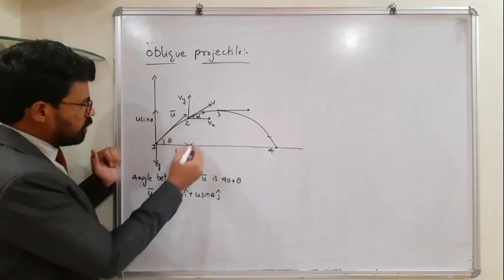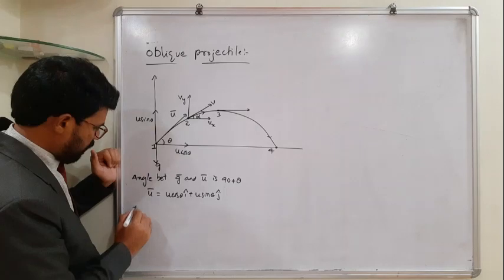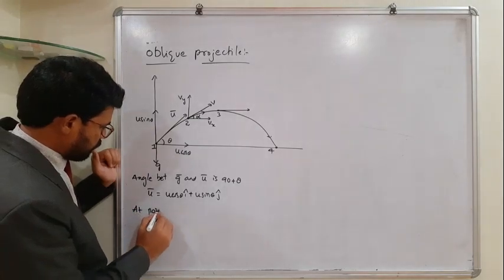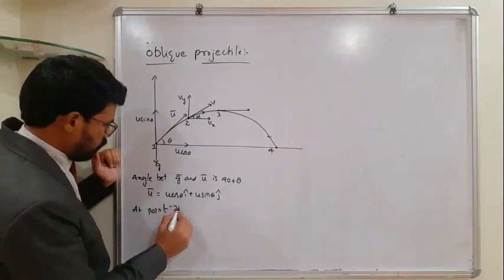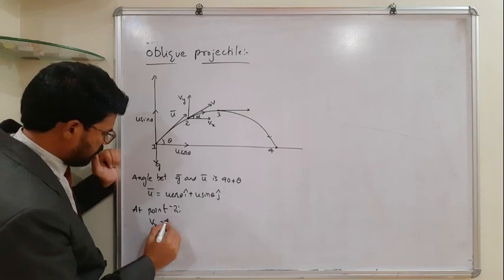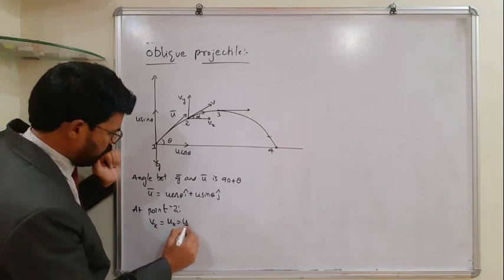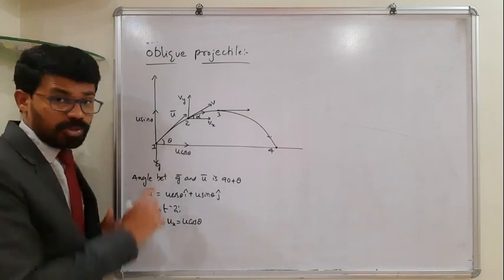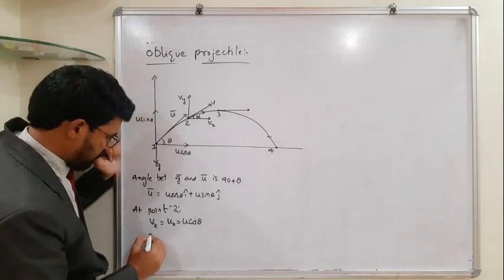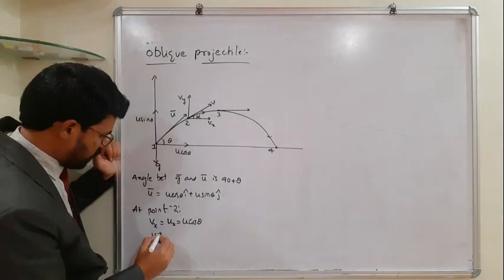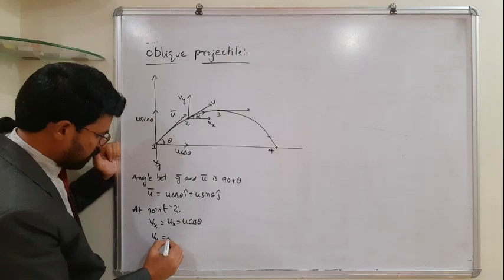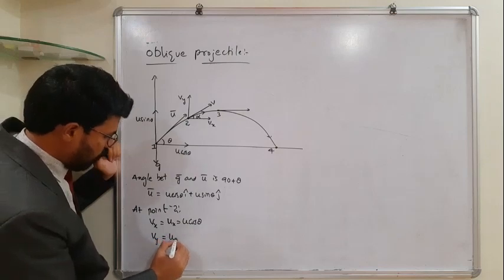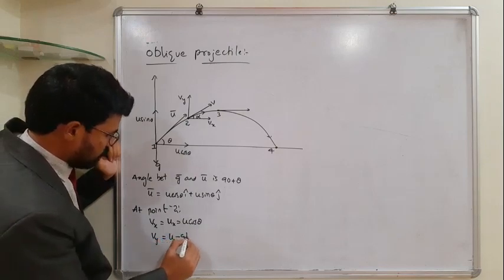So now let us talk about this Vx. How can this Vx be written? At point 2, what is Vx? Vx is the same as Ux only. Ux is u cos theta. The horizontal component will not change throughout the journey. What about Vy? Let us say after a time t it has reached this position 2. So this Vy can be expressed as Uy minus gt.